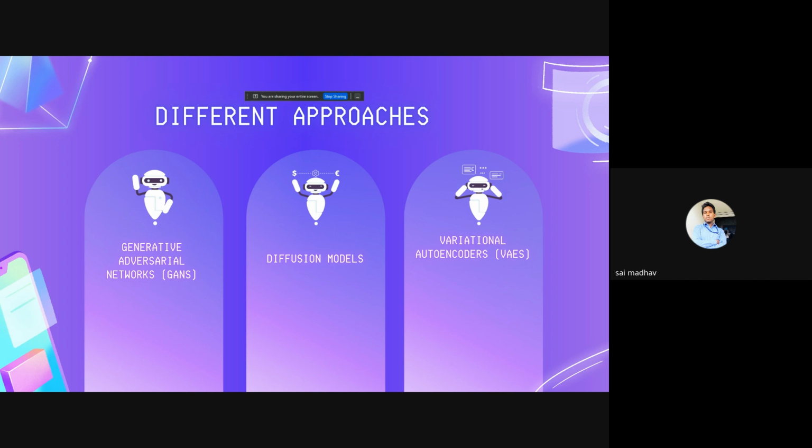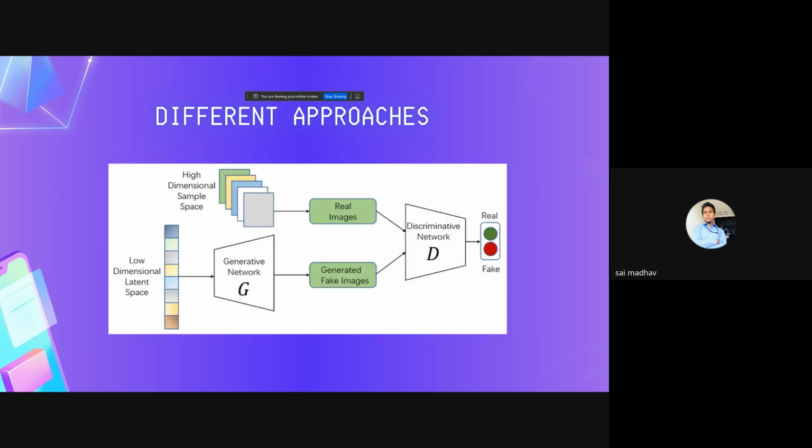If you take any Stable Diffusion, DALL-E, or Midjourney, or a lot of the video generation models out there right now, like Runway, and OpenAI also recently released a video generation model, Sora, all of these generative models use one of these models as core fundamental blocks. So these are the basic building blocks for any computer vision generative models.